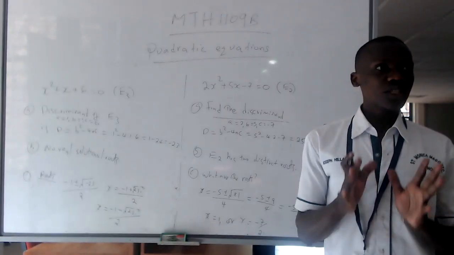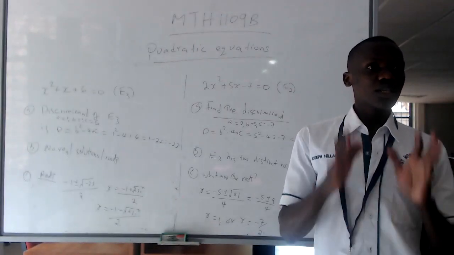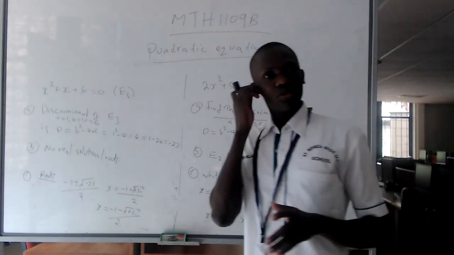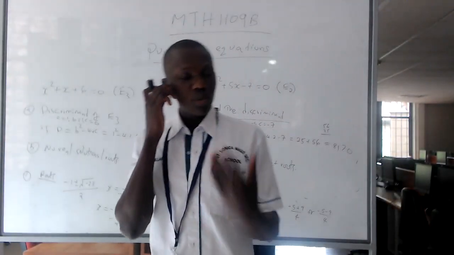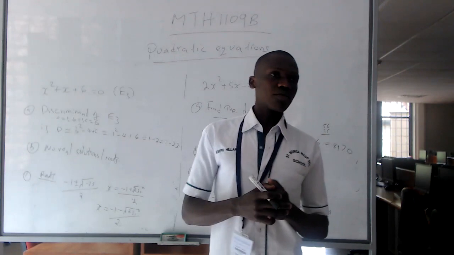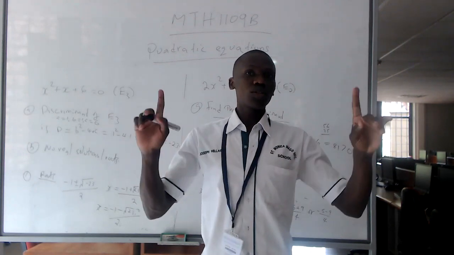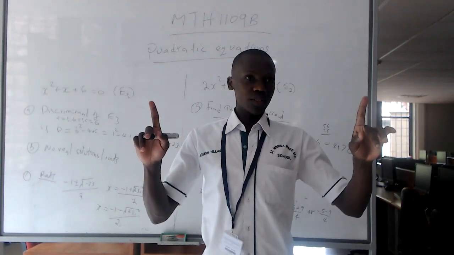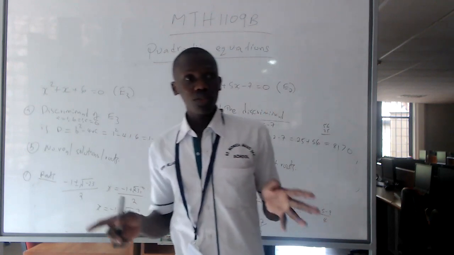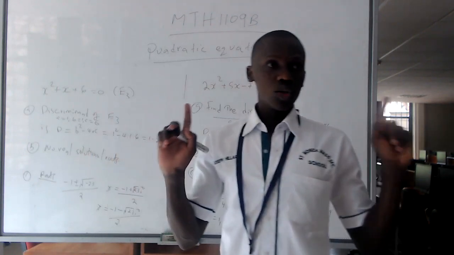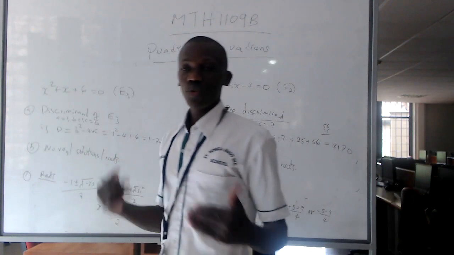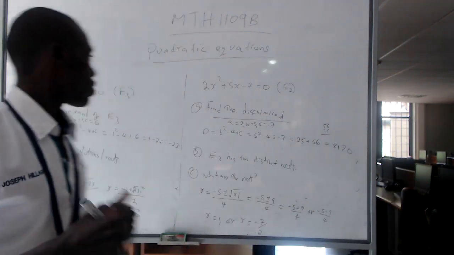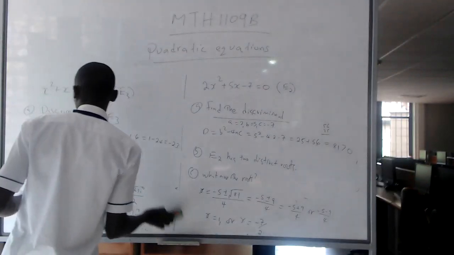Depending on the sign of this number, you can tell how many real solutions the equation will have. If it is 0, you have only one real solution, which is repeated twice. If it is positive, you will have 2 distinct roots. And if it is negative, you will have complex roots, which are not real solutions.